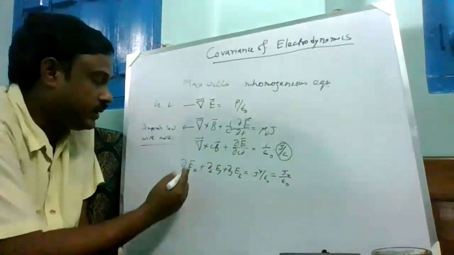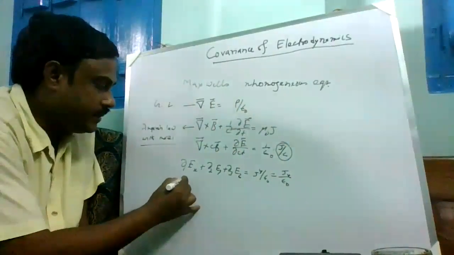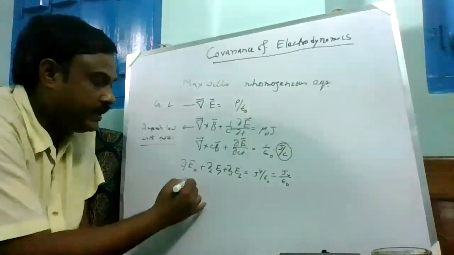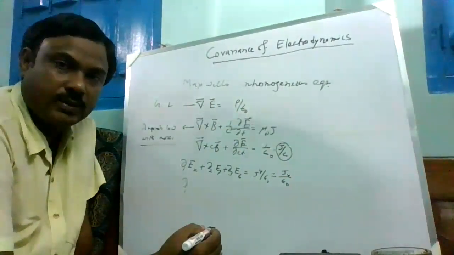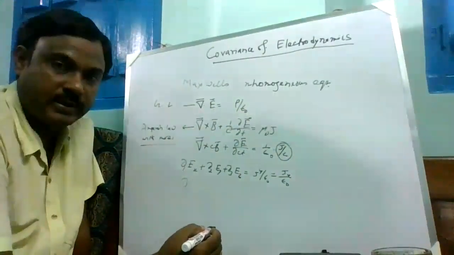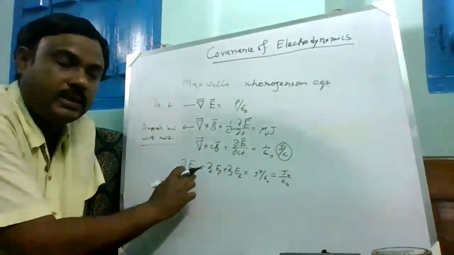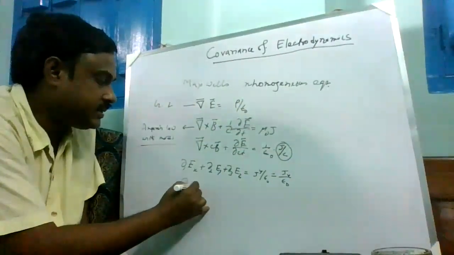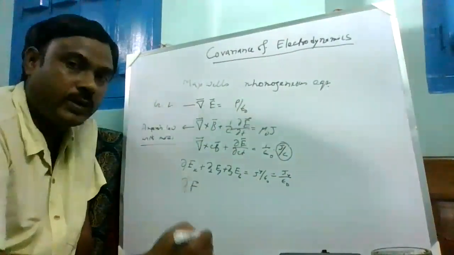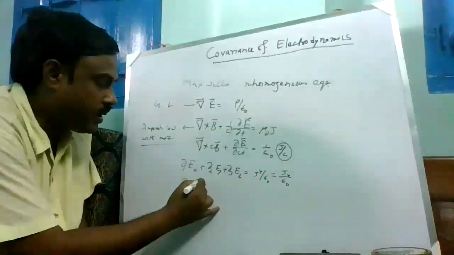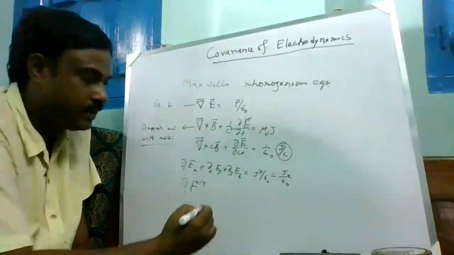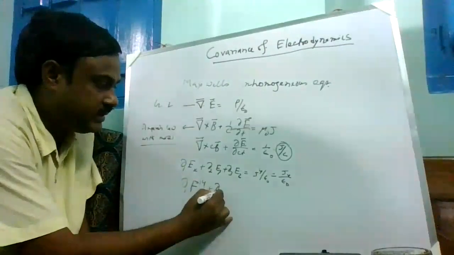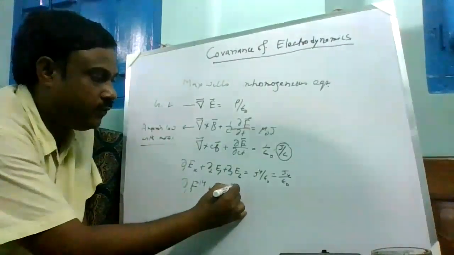So we can write del 1 E x as a covariant tensor or contravariant. This can be written as a contravariant tensor. Now E x was the component of a contravariant tensor, so this was del 1 F 1 4 and this was del 2 F 2 4.